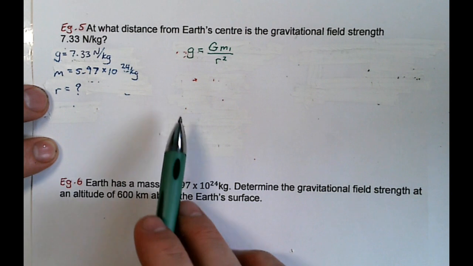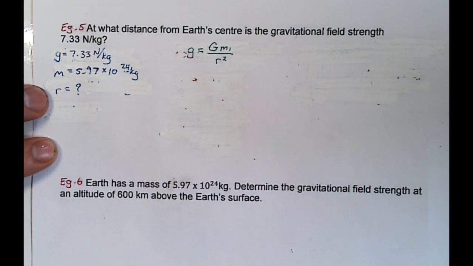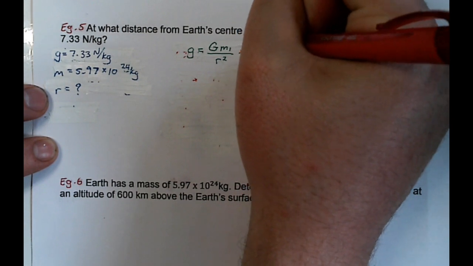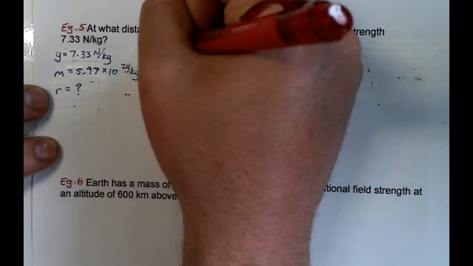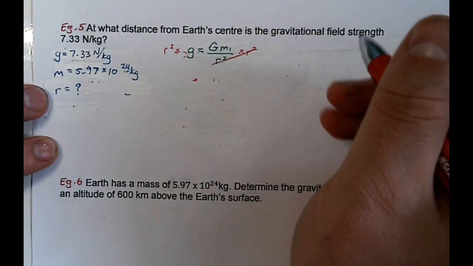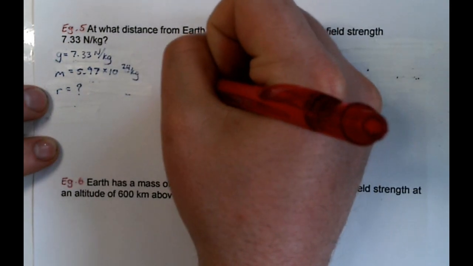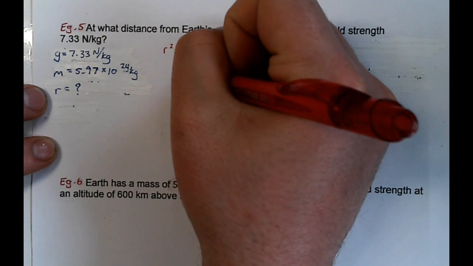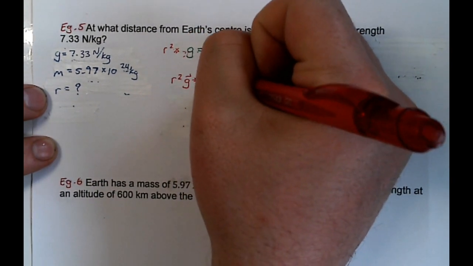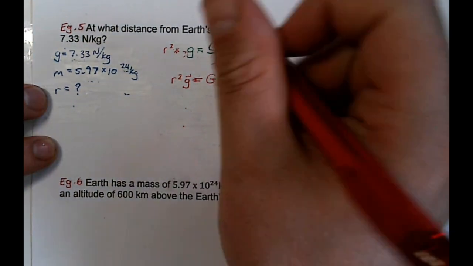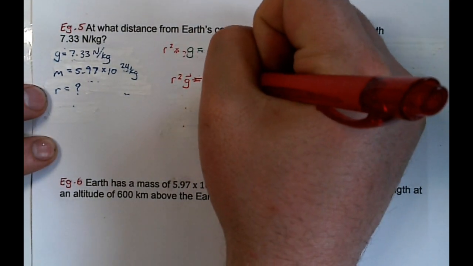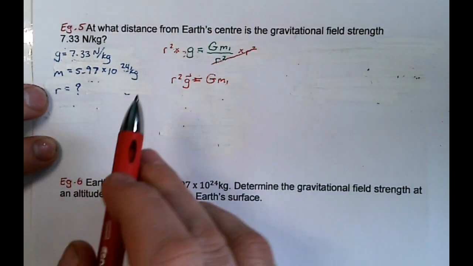Our goal is to get this radius by itself. To do that, we are going to multiply both sides by r squared. That's going to cancel it out on the right, leaving us with r squared times the gravitational field strength is equal to the gravitational constant times the mass.